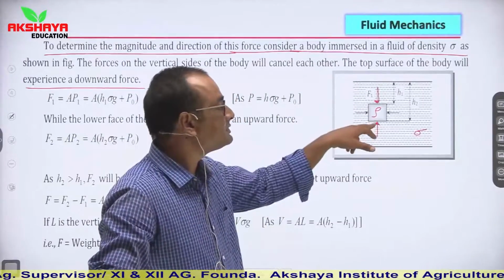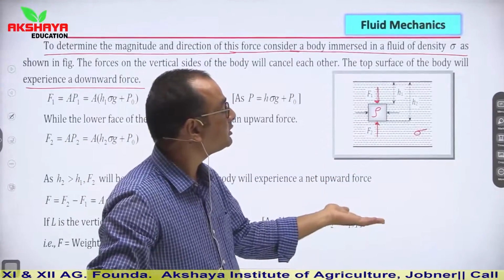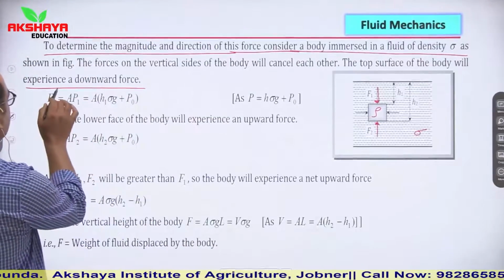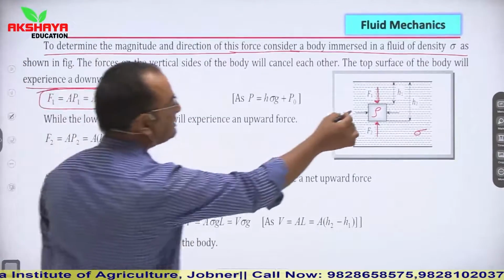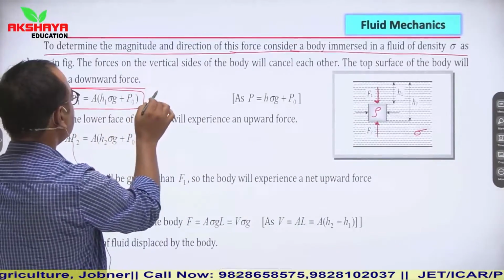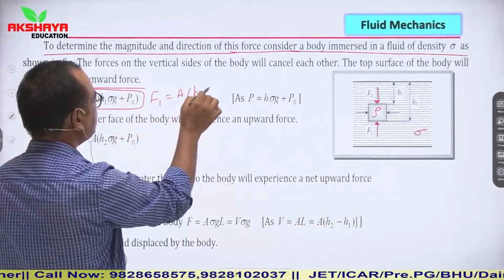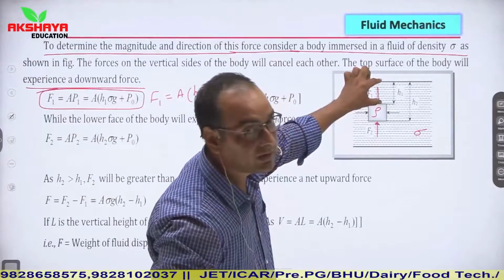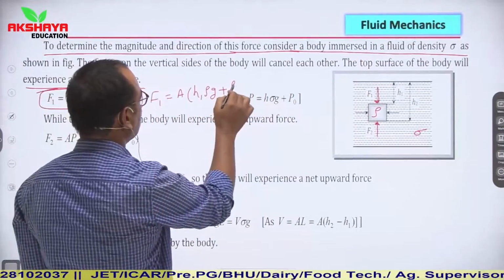But another force is applied due to this liquid that will push it in the upward direction. So what is happening here? The force in the downward direction is F1, equal to pressure at the upper point, P1 into A. So we can simply say that F1 is equal to A into H1 rho g, where H1 is the height of the top surface from the top level, plus P naught.